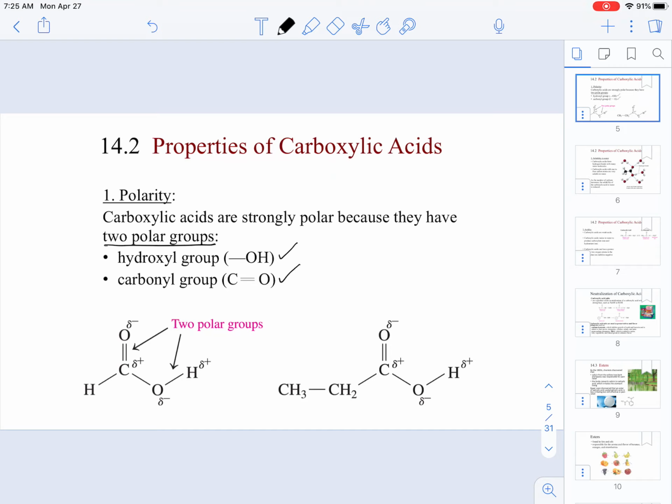As you can see, because these bonds are polar, the oxygen atom is going to be electronegative compared to the carbon, and when we have the hydroxyl group, the hydrogen atom is going to be more electropositive compared to the oxygen. This explains at times some of the chemistries for carboxylic acids and how they interact with other molecules.